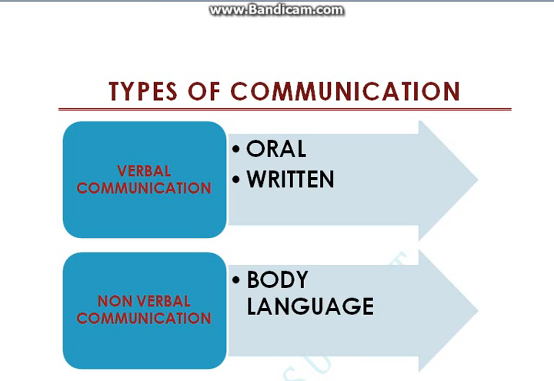For oral, if you are telling someone to do that work, that is oral communication. For written, our Constitution is written. Written communication is more provable than oral communication. So written and oral come under verbal communication.